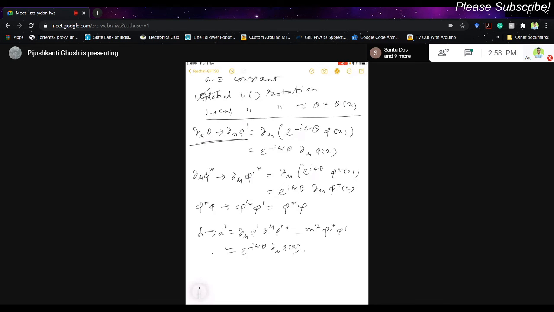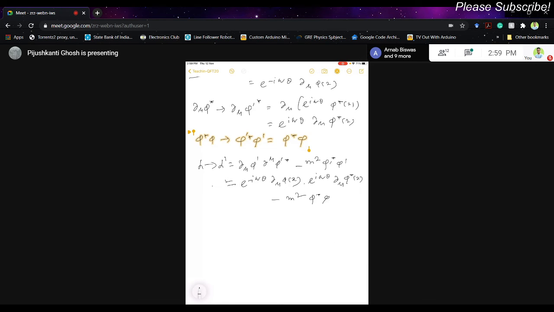From the next line, we see that it goes like e to the power i q theta del mu phi star x minus m square phi star phi. Since theta and q are constant, this is del mu phi x. There is a mistake in the notation here.